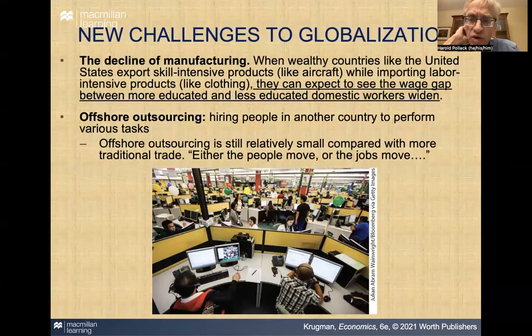New challenges to globalization. So one is, when wealthy countries export skill-intensive products like aircraft and import labor-intensive products, you can expect to see the wage gap between more educated and less educated domestic workers widen.